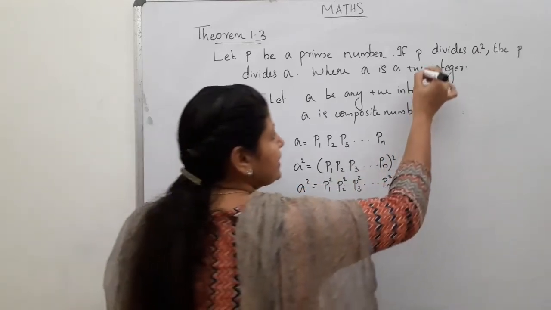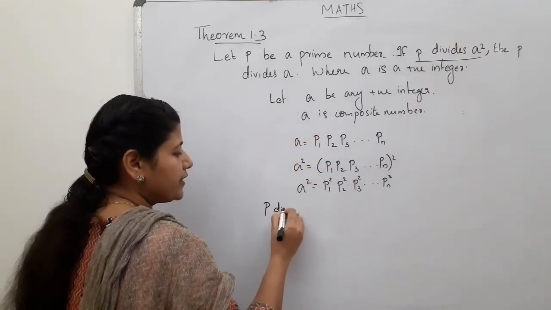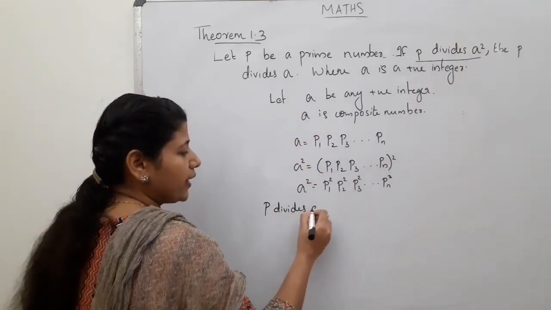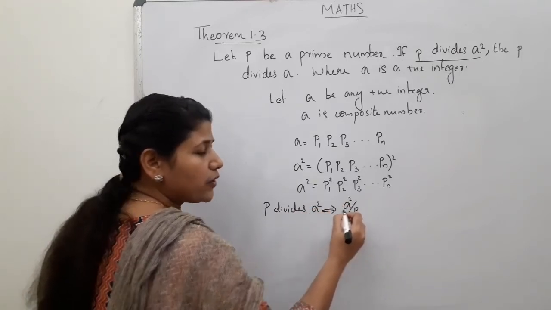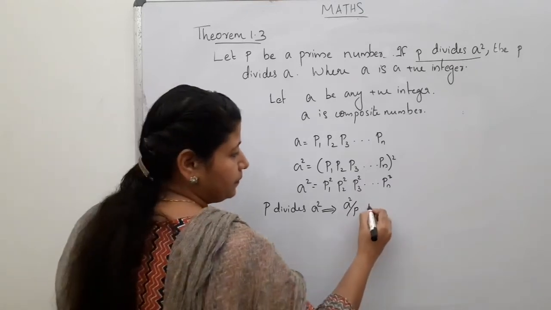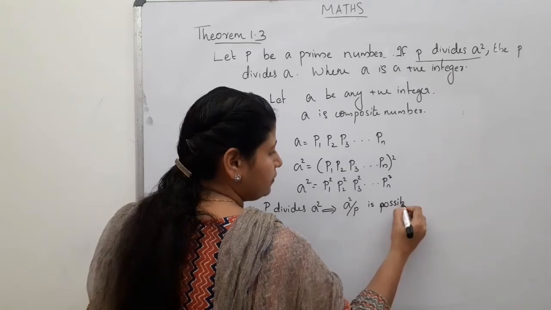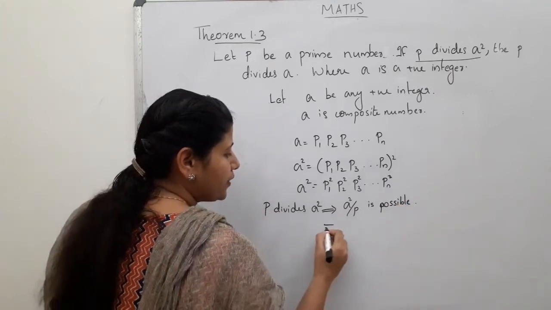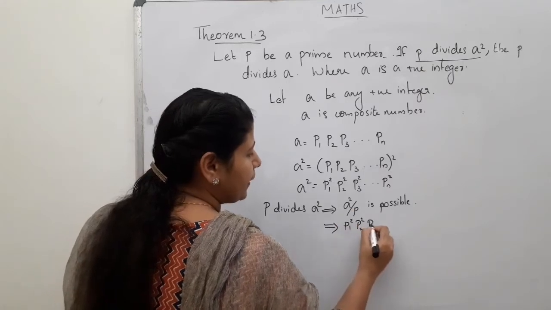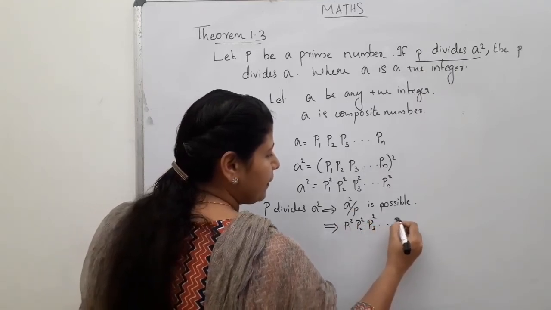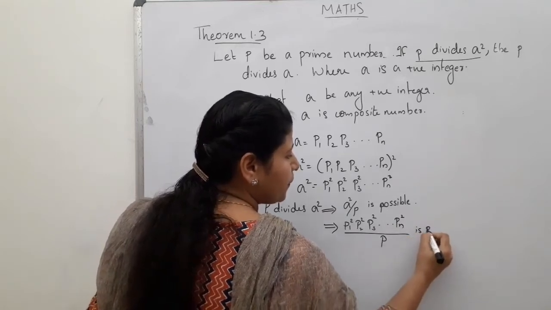It is given that p divides a square, which means a square by p is possible. Which implies p1 square, p2 square, p3 square, etc. pn square by p is also possible.